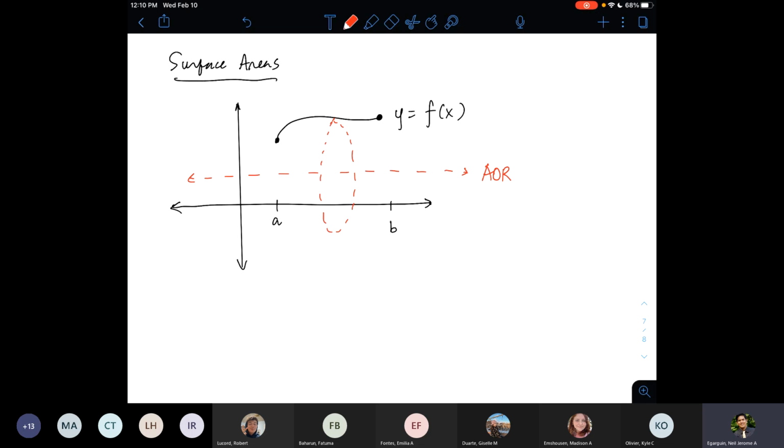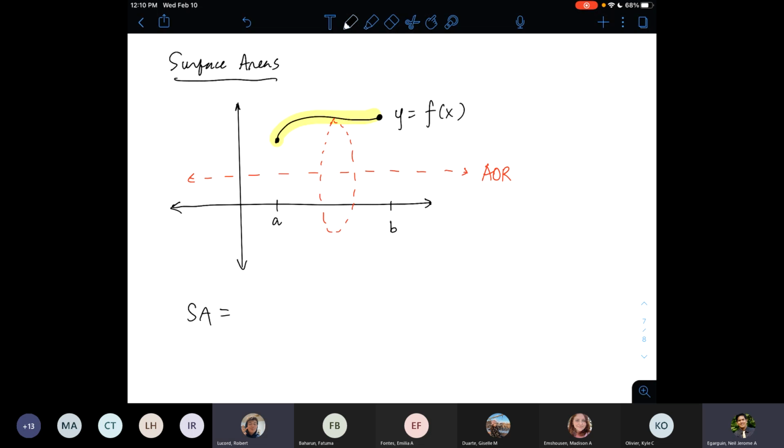Okay. Now, how to compute the surface area? Well, the surface area is just the amount of material needed to form the lateral face of the solid. Now, in this particular case, that will depend on the length of the arc or the height of the vase, if you are imagining it as a vase.